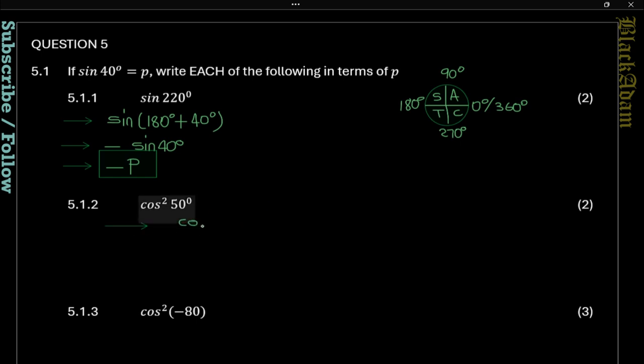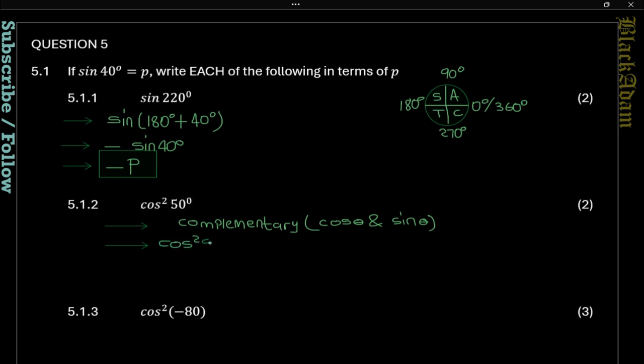And the second part we need to find, that's complementary, so it means that two angles add to 90 degrees. So which means if it's cos 50 degrees, then that will mean that it's going to be sine 40 degrees squared as well.